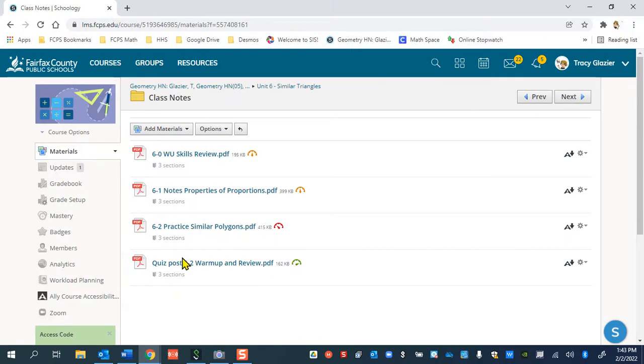So you really don't need any of this unless you're absent, because if you received a copy of it in class, then you don't need another copy. Now, I did have a kid one time who went back through and printed out at home blank copies of everything and practiced filling in the answers as a study strategy, which I thought was great, if that's your jam.